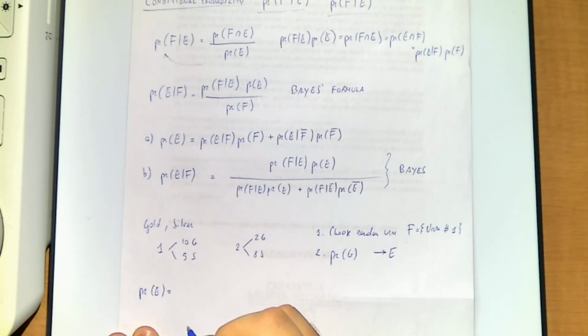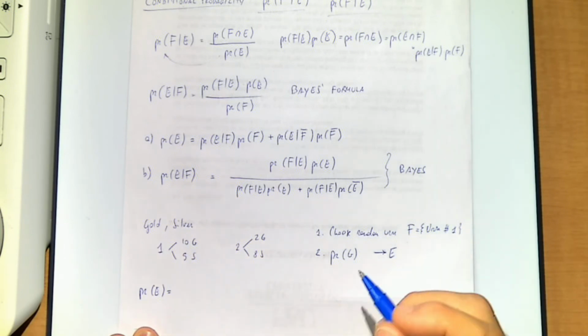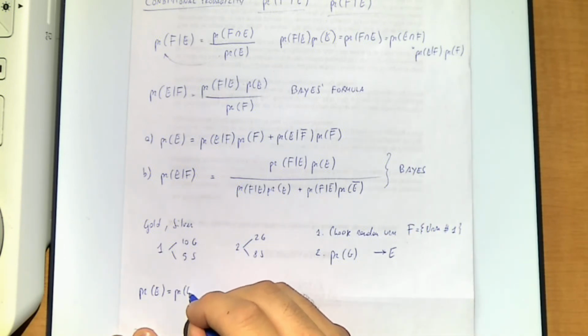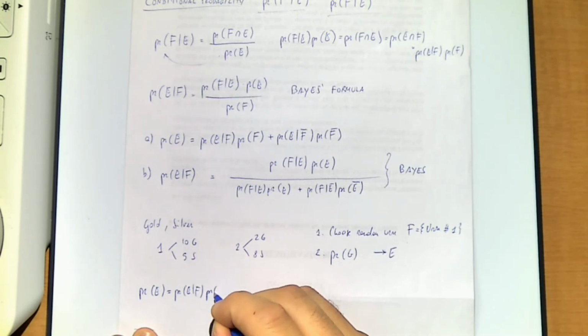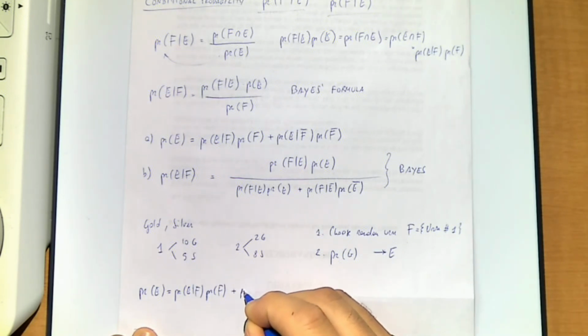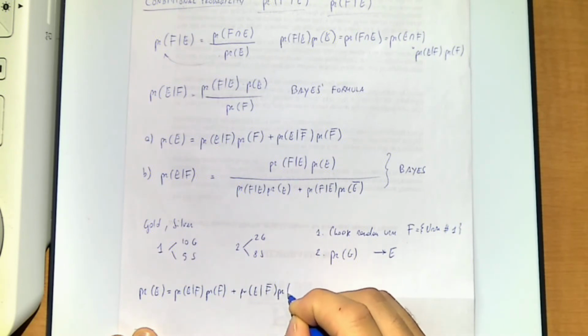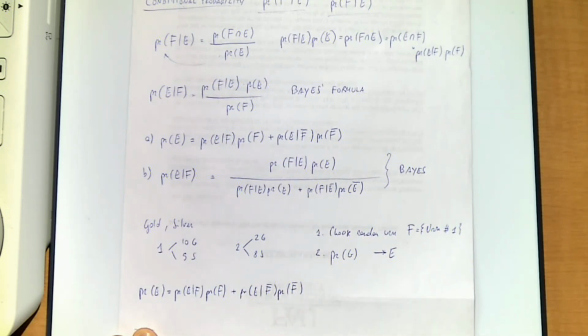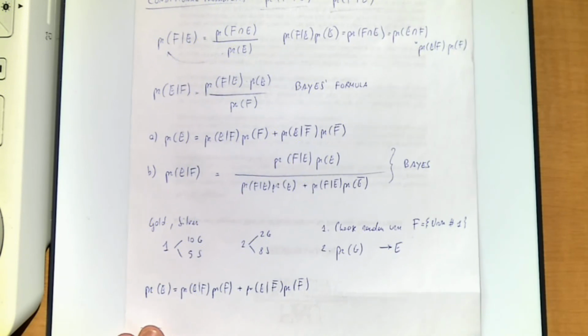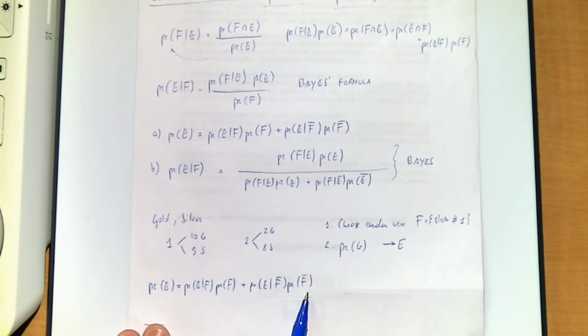Now I can use the decomposition and say that the probability of picking a gold coin is the probability of E given F times the probability of F, plus the probability of E given not F times the probability of not F. You see now why it's a lot easier to count this way, because the probability of F or not F, if the urn is chosen at random, is just 1/2 in both cases.